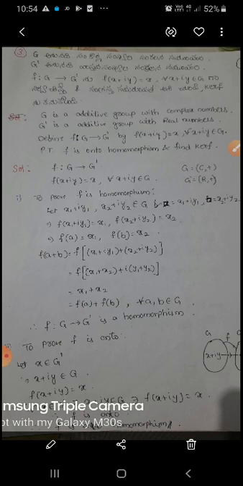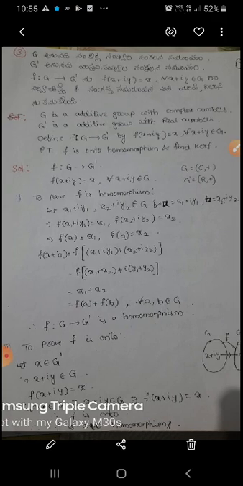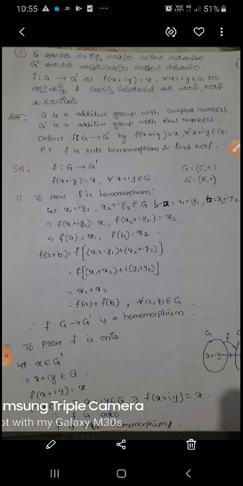Therefore f is onto. Here we prove onto homomorphism, which means we prove only onto and homomorphism. No need to prove one-one. Therefore f is a homomorphism and onto. Therefore f is an onto homomorphism.